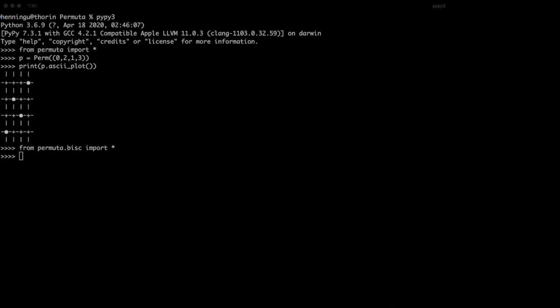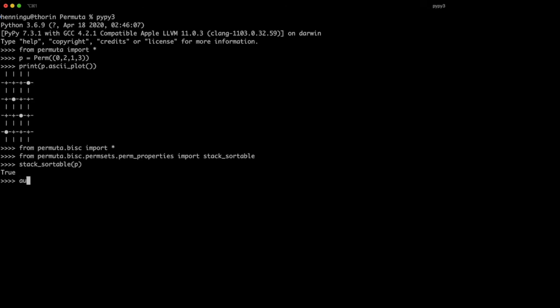And let's bring back our old friend, the stack sortable permutations. So I'm importing from a collection of permutation properties, importing the stack sortable function. So I can do things like check if the permutation I defined above is stack sortable or not.